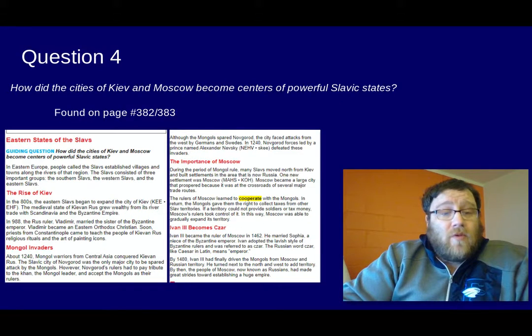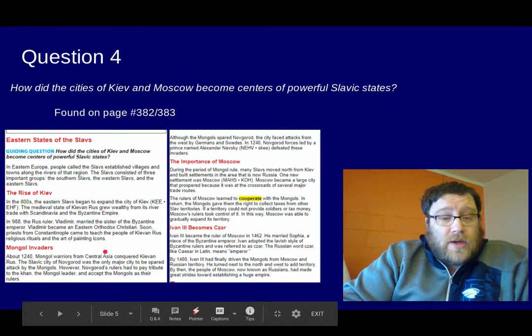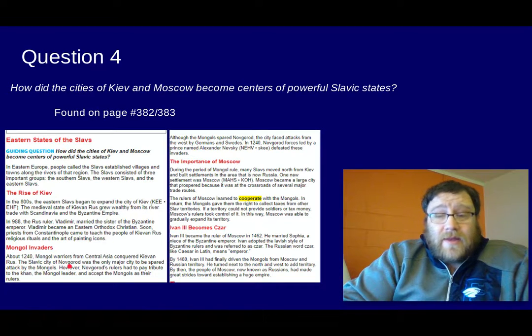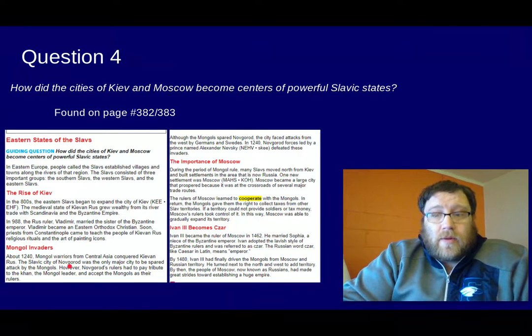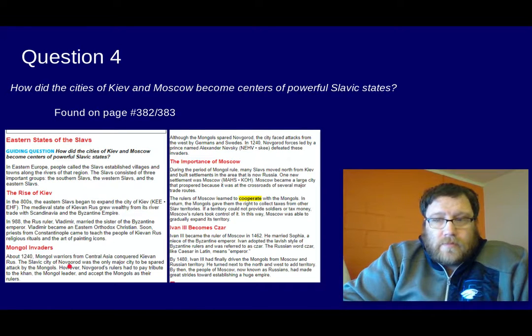However, in 1240, Mongol warriors from Central Asia conquered Kievan Rus. Basically, they required them to pay a tribute to the Khan. And if they didn't, like when we learned about the Mongols, they were burnt to the ground.